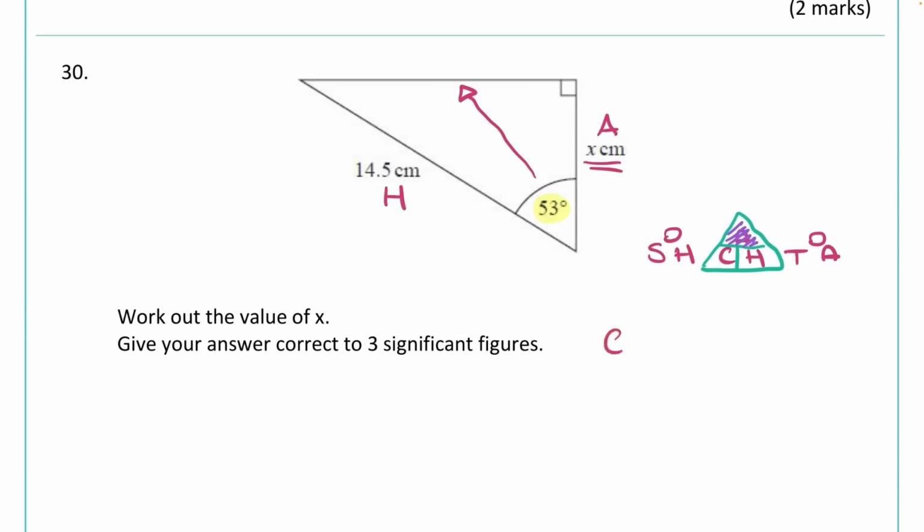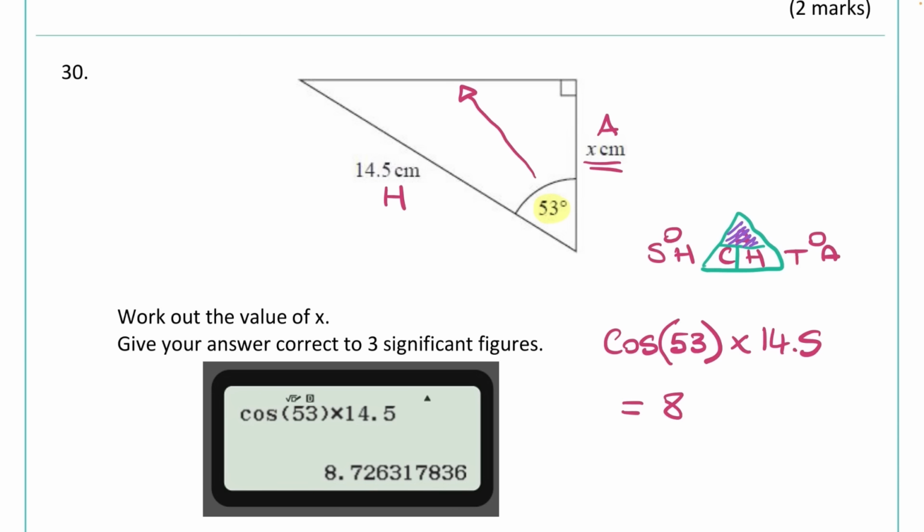When you press cos on your calculator, it will open up a bracket, and that's going to remind you you have to put the angle in that bracket, and then make sure you close the bracket. So cos 53, close the bracket, multiplied by the hypotenuse, which is 14.5. So times 14.5, and that comes out as 8.7263.